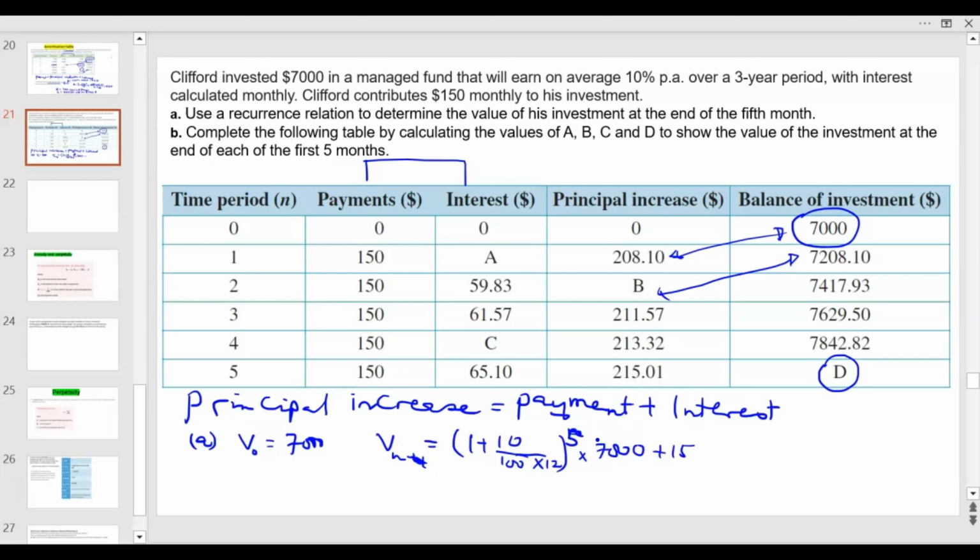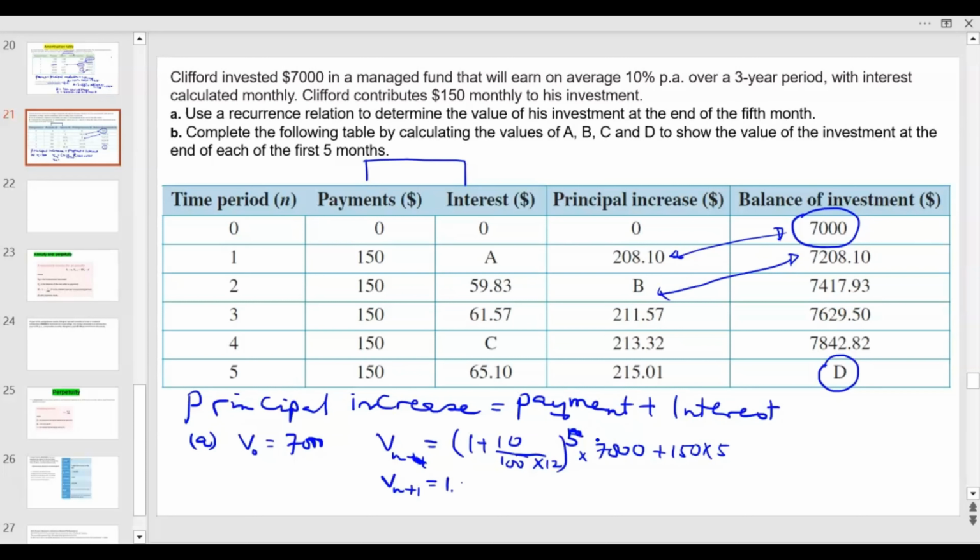And every time that was added to it. So that means I have to use a recurrence, so I have to establish this one first.